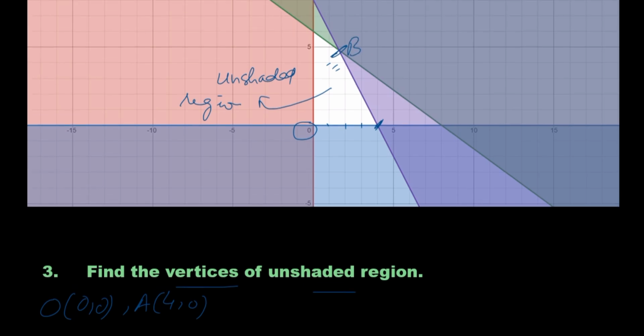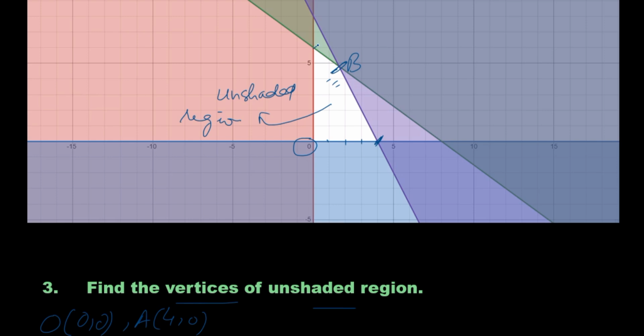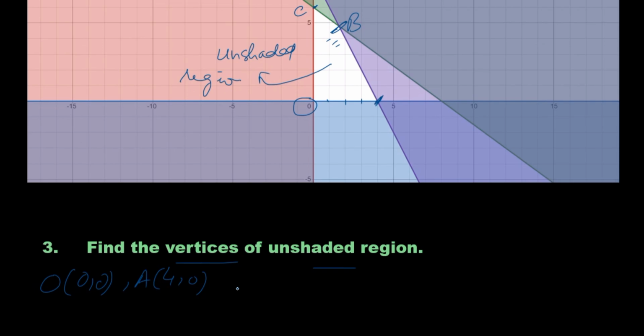And the last one, suppose this is point C, whose height is 6. This is 1 unit, 2, up to 6. So the coordinates of C are x 0, y 6.